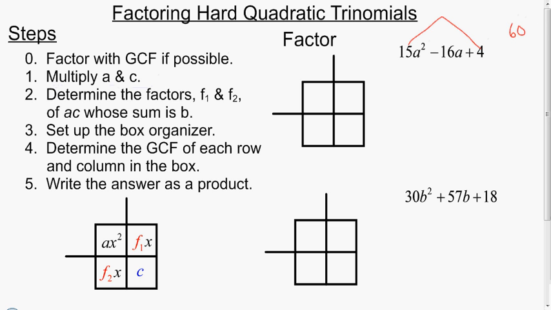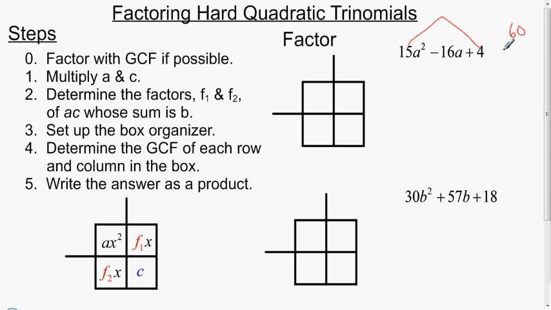And now I'm going to determine the factors that I'll call f1 and f2 of AC whose sum is b. Okay, well, I see that I'm factoring a positive, but I'm getting a sum that's negative. Well, that means that the factors will both be negative to make a positive, but when I add them, I'll get the negative.